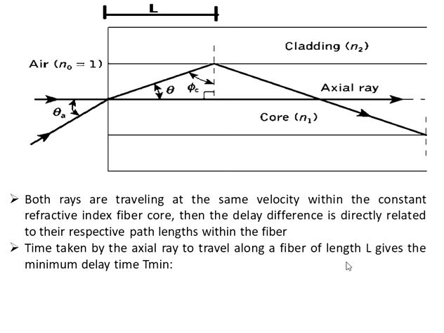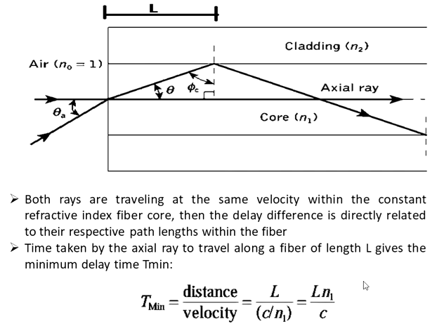So by considering the geometry of this fiber and the triangle, the minimum time for the axial ray will be distance divided by velocity. Now if the refractive index of the fiber core is n1, then the velocity of the ray is given by c by n1.